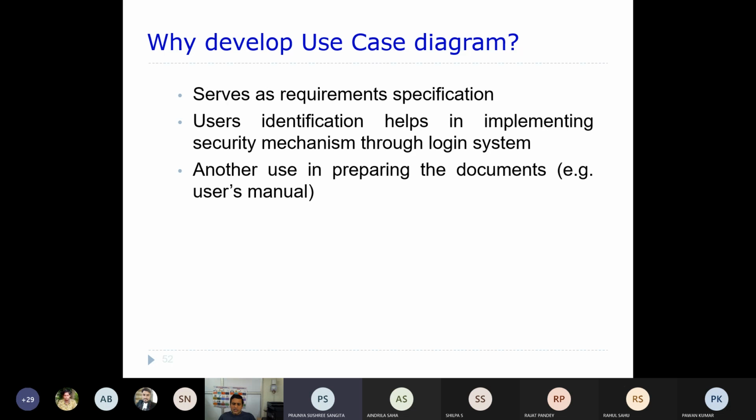Yeah. So for this particular system, there are different types of users. One is a teacher, like the faculty members, the professors. They are also going to use this system. Students are also going to use this system.